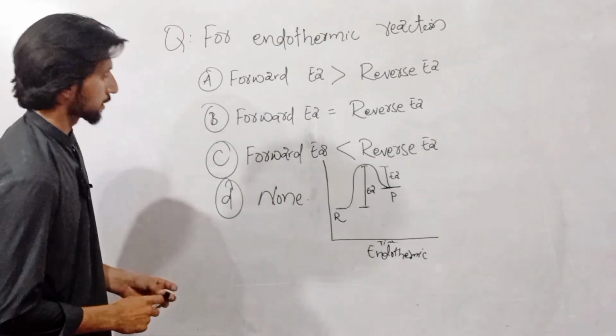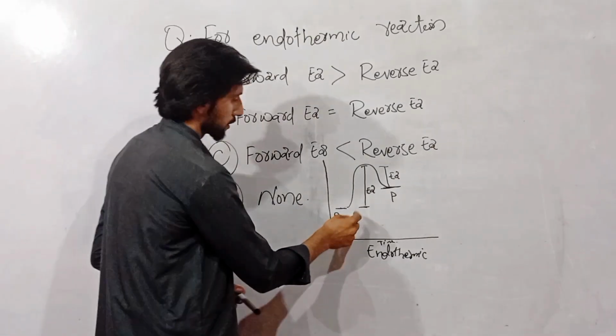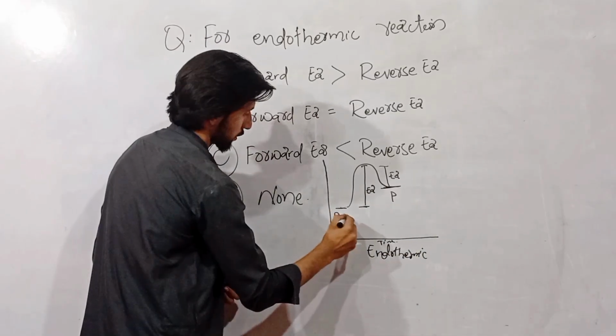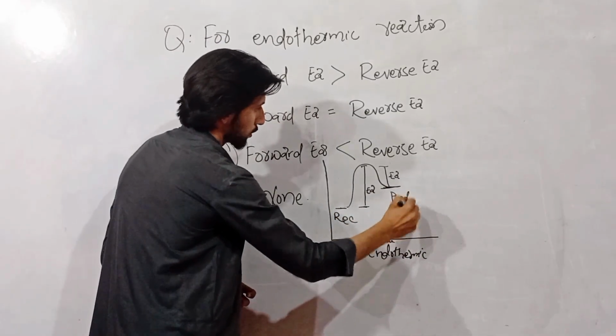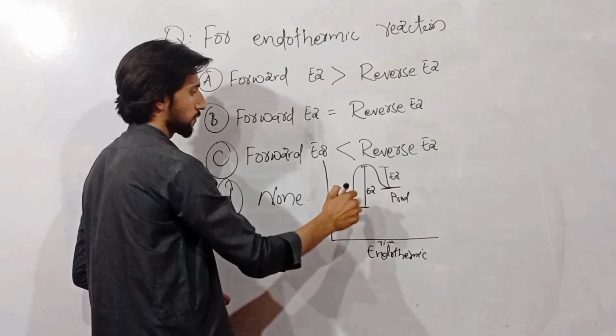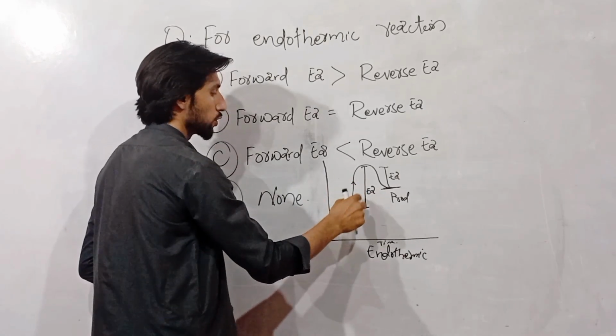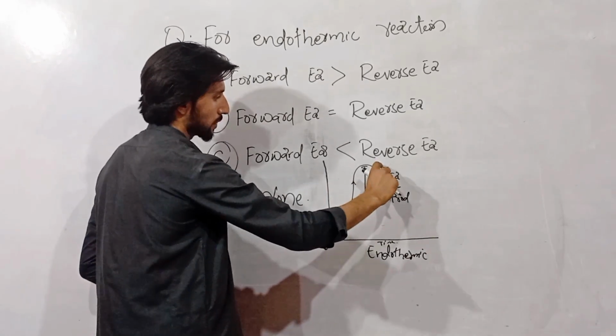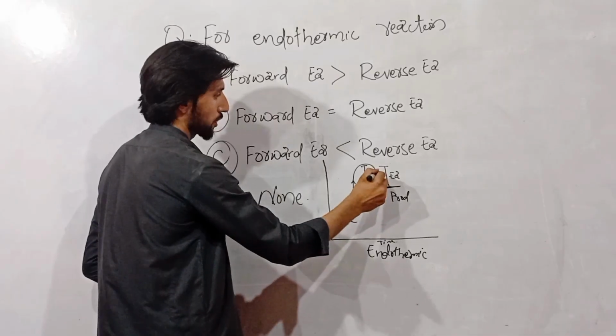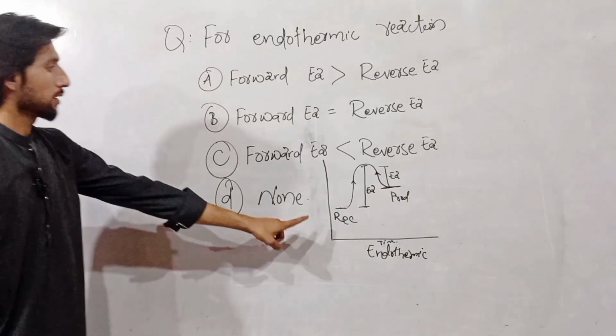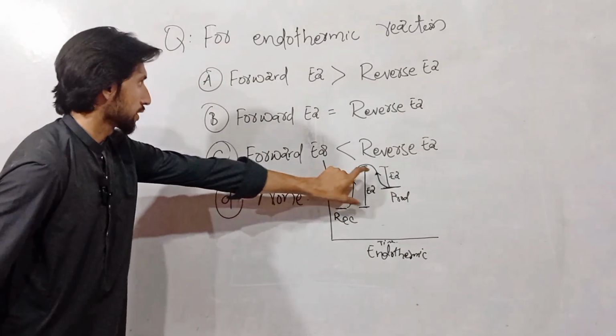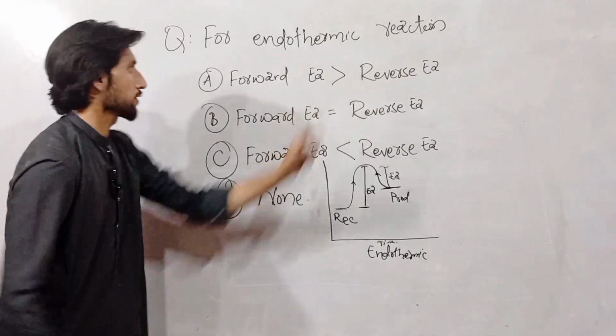So these are reactants and these are products. We can see that the activation energy for the forward reaction is much higher than the activation energy for the reverse reaction. So we can mark our answer: forward reaction higher than reverse reaction.